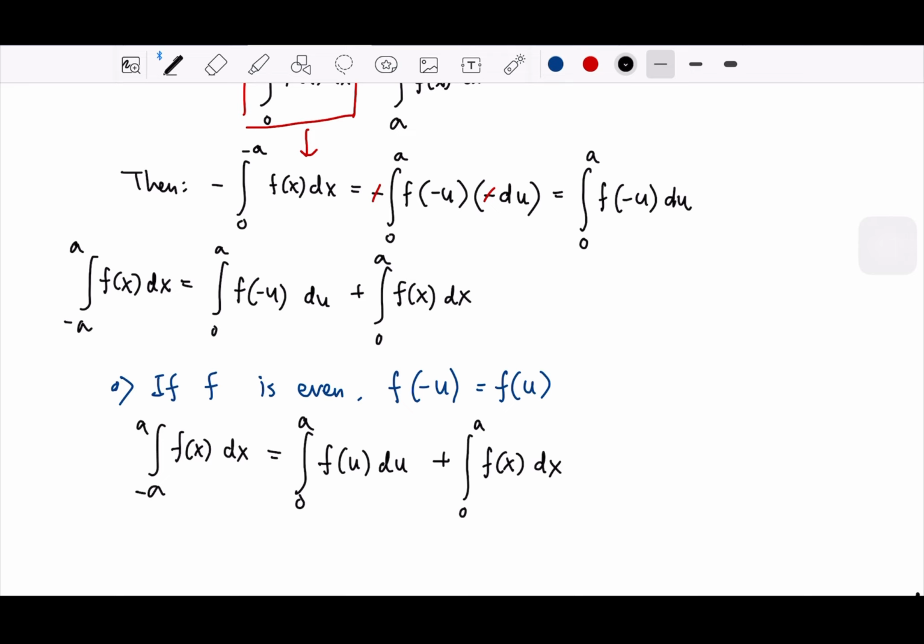Well, I hope you don't really get distracted by this variable u. It's the same thing. It's this variable, right? So it's twice of that. So twice the integral of f of x dx.